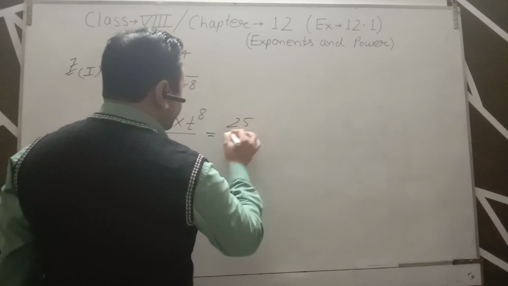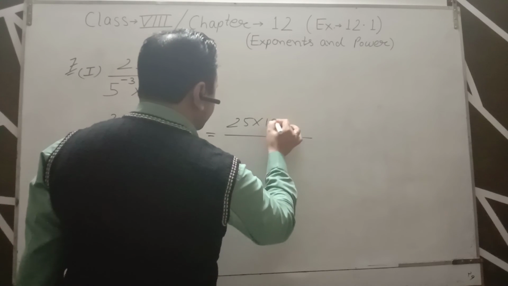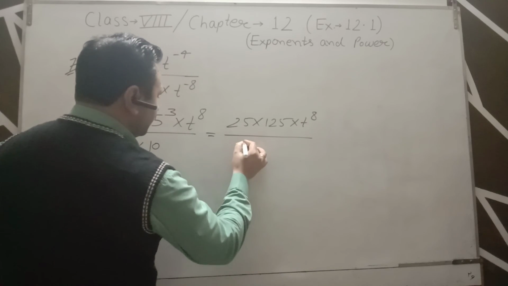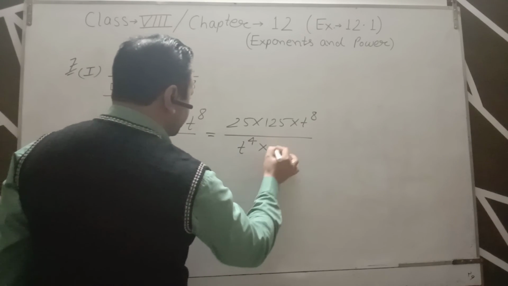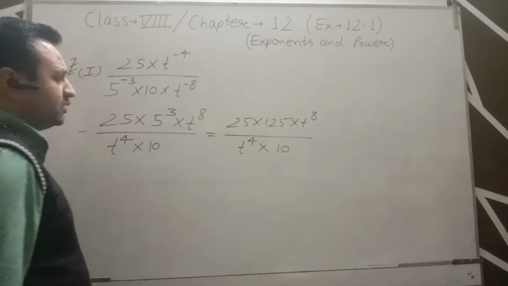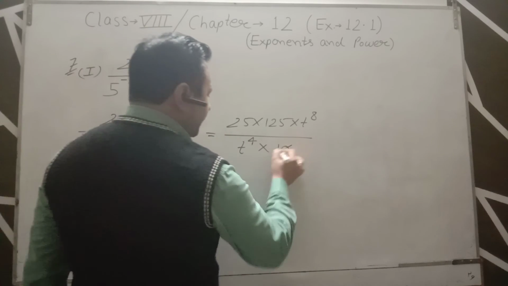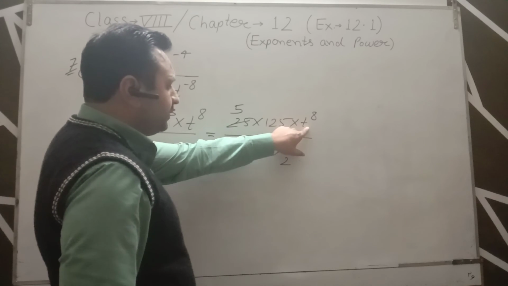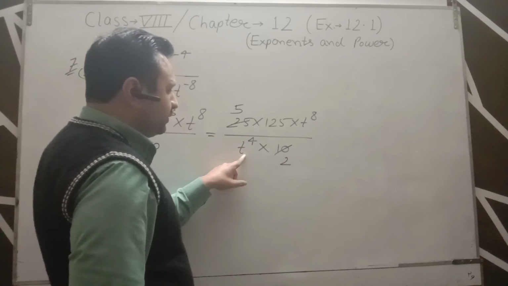So 25 multiply 125 multiply t raised to the power 8 upon t raised to the power 4 multiply 10. 5 2 are 10 and 5 5 are 25. T raised to the power 8 and upon t raised to the power 4.